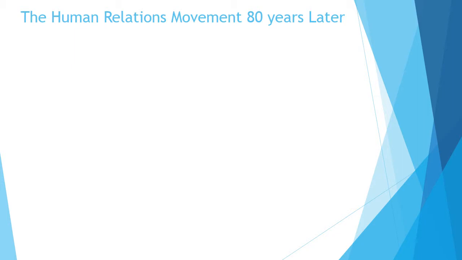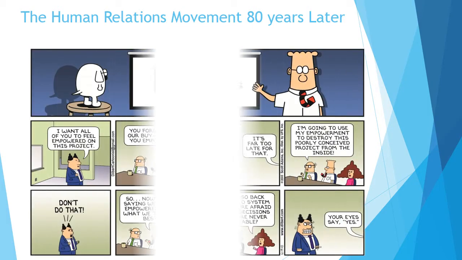The human relations movement began roughly 80 years ago, and that's our key era for this week's reading. So why don't we take a look at where we have come after 80 years of management practice and research.